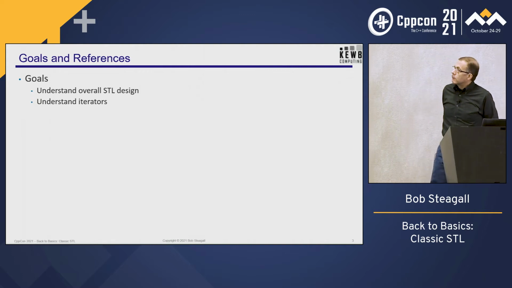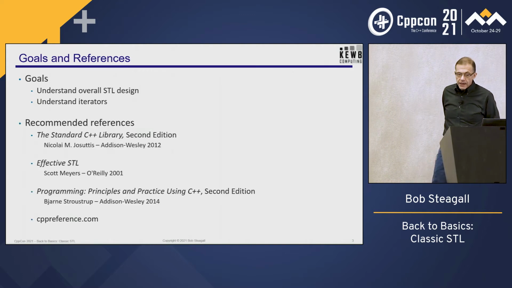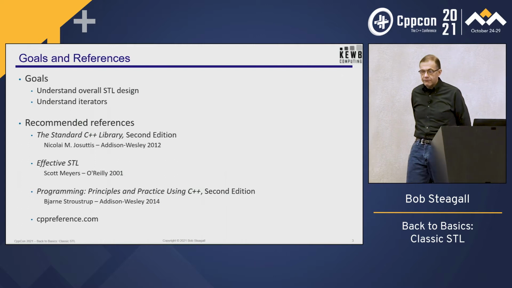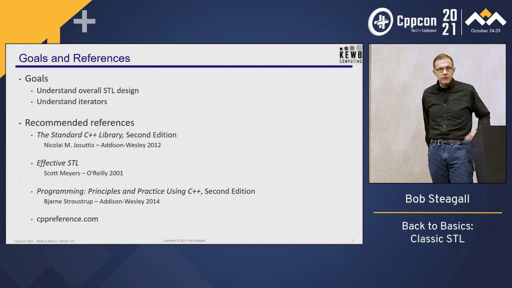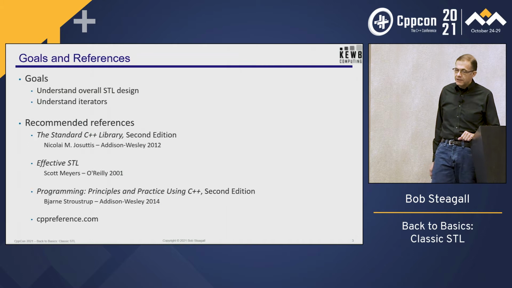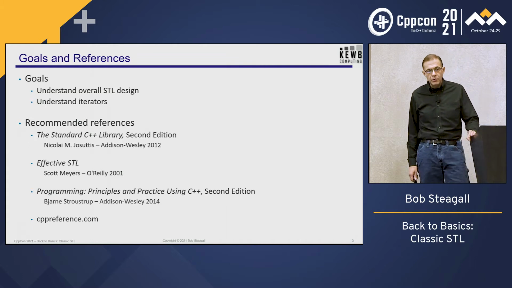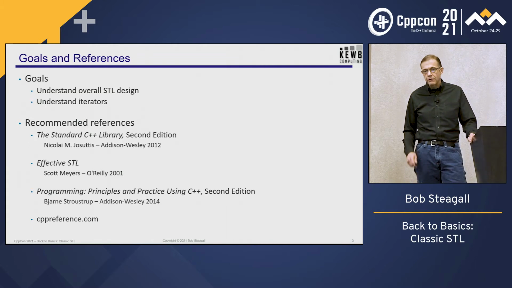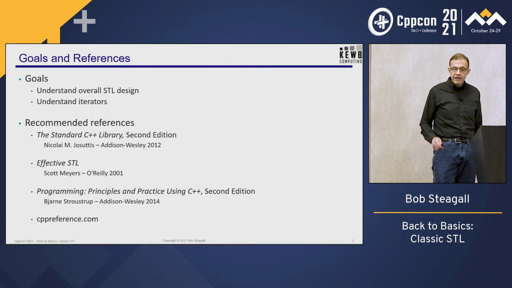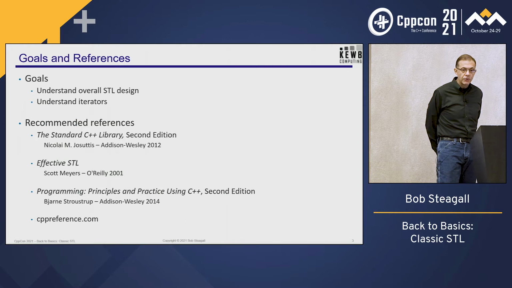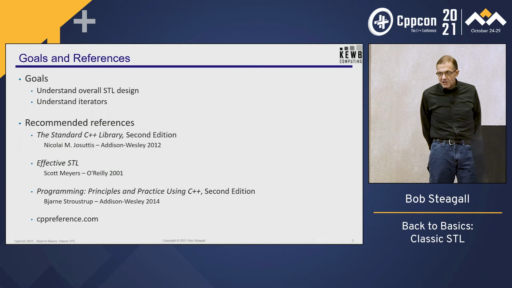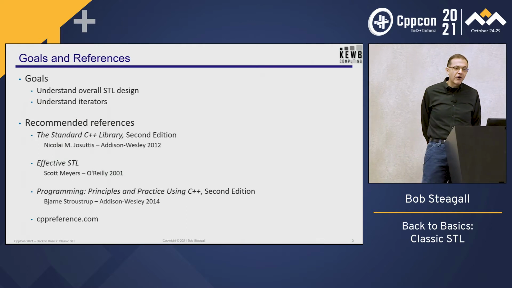In furtherance of future understanding, I highly recommend these references. These are the ones that I look to first when I need to find something. Nicolai Josuttis' book, The Standard C++ Library, even though it's 9 years old, is still a very good, very relevant book. Effective STL is very old. It's 20 years old. But many of the concepts in the library are far older than that.